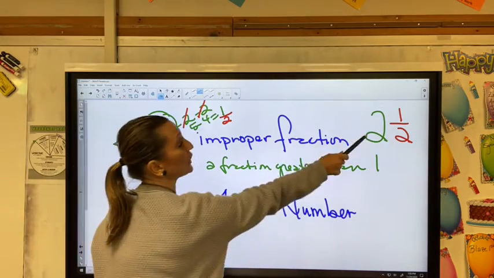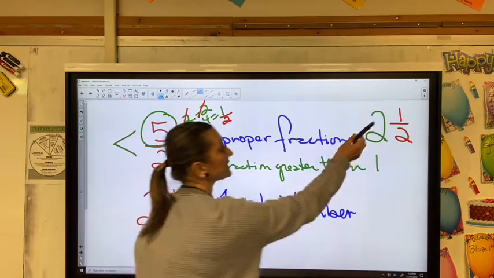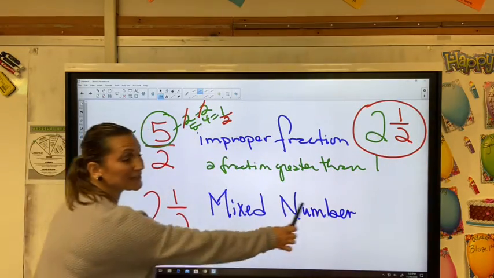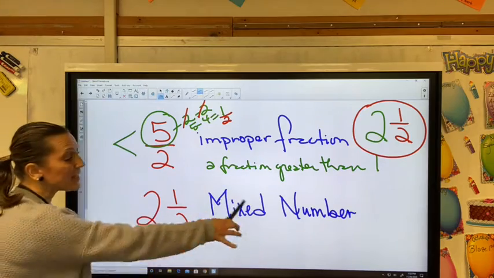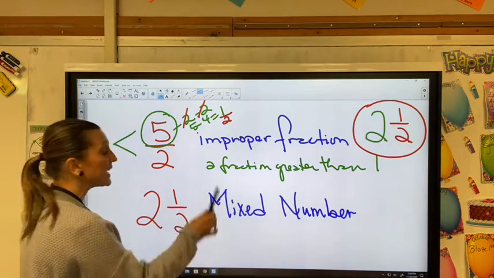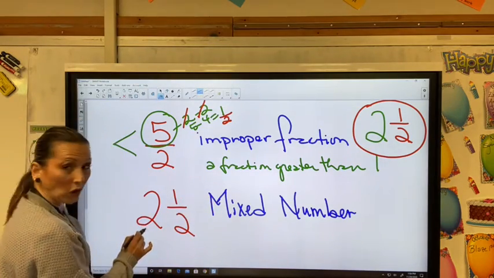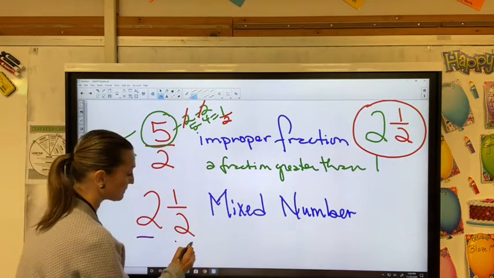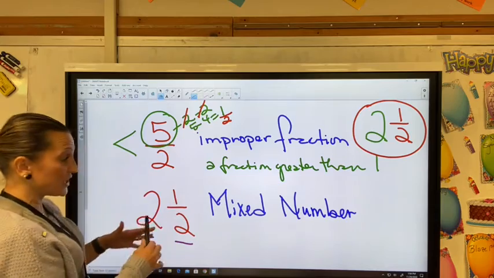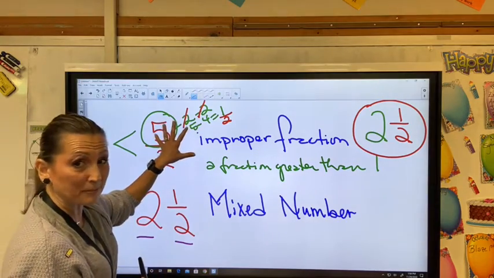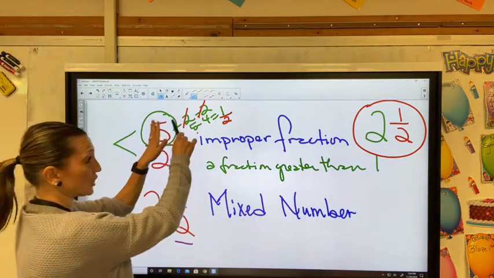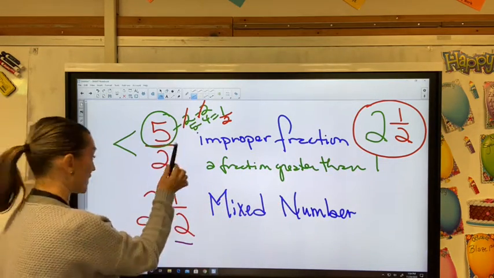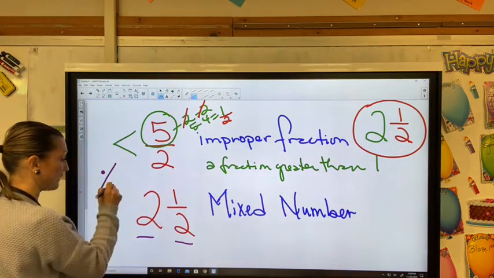Well, once we turn it into that, ladies and gentlemen, this lovely thing also has a special name called a mixed number. And a mixed number, as you recall again, 6th graders, is a number that has a whole and a fraction. Here is my whole, and here is my fraction. And you can see from this opening improper fraction that I can turn it into a mixed number by division, because fractions are division.